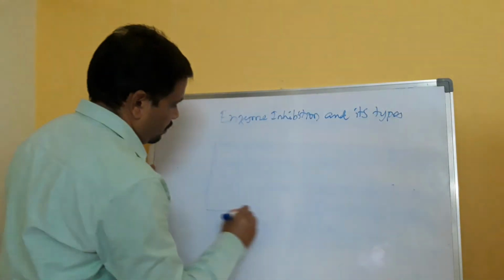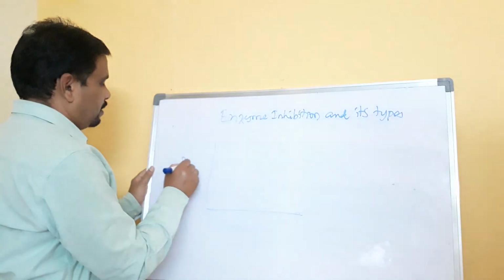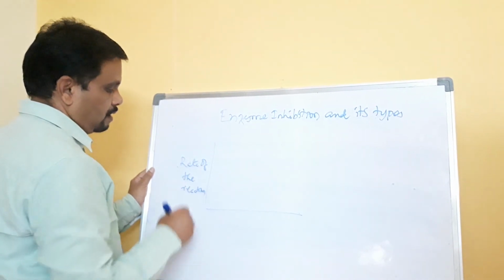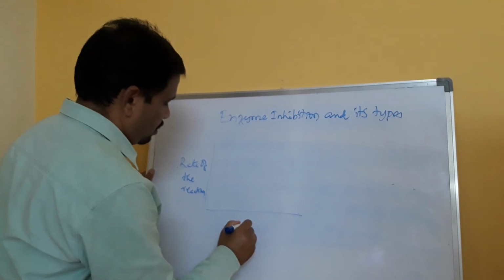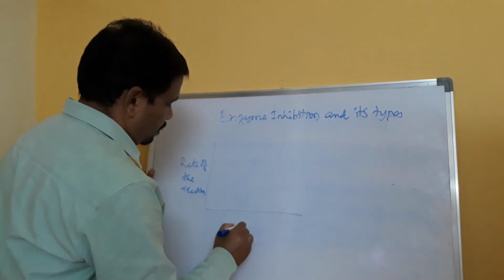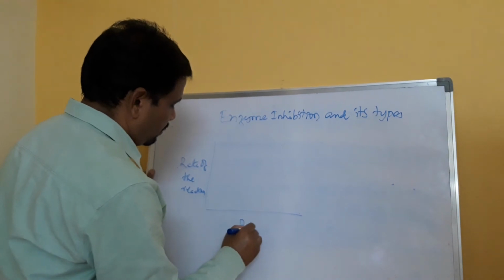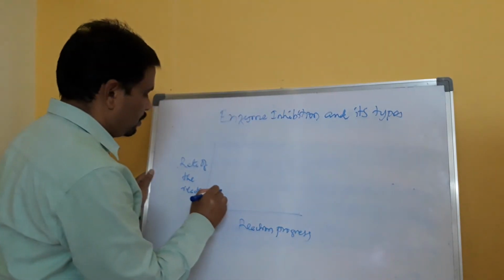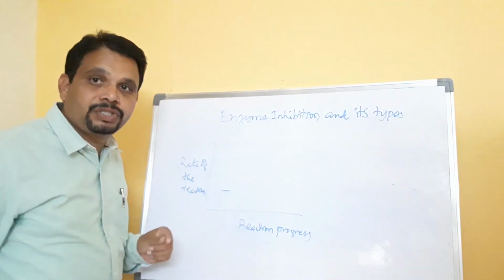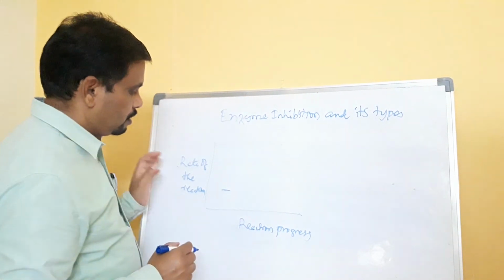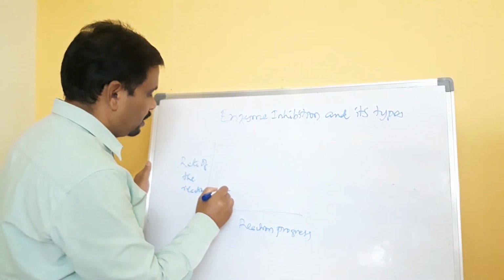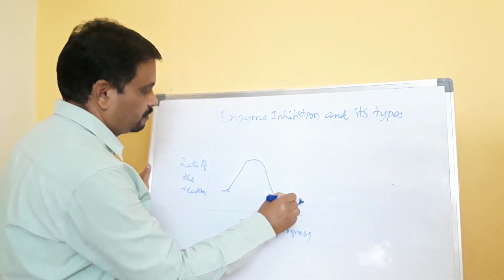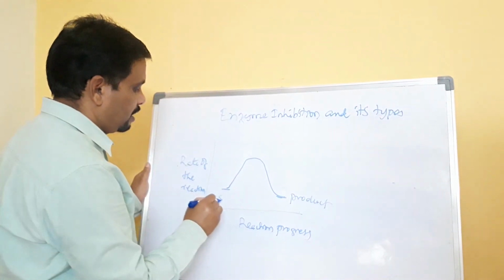Suppose this is the rate of the reaction, and this is the reaction progress. Suppose you take this as the starting material. If this starting material is converted into product, so this is the product, and this is the starting material.